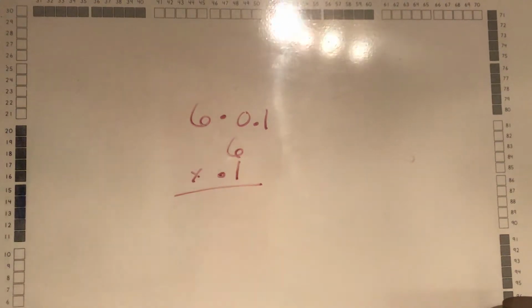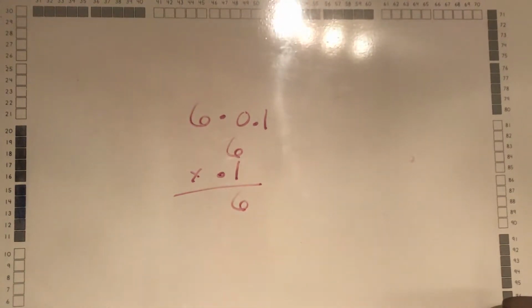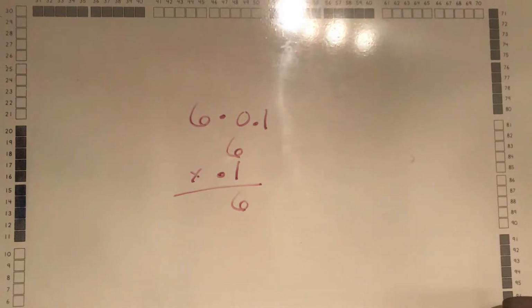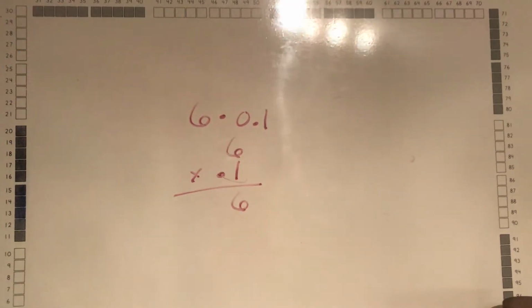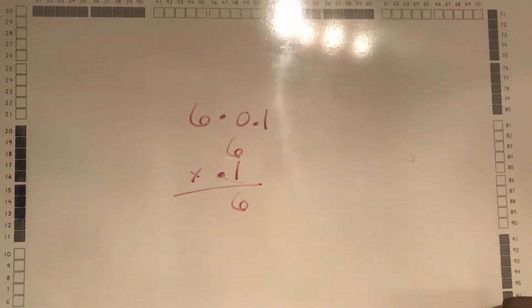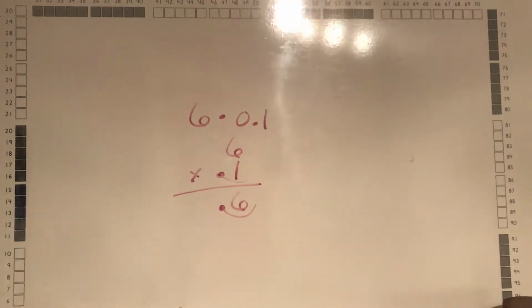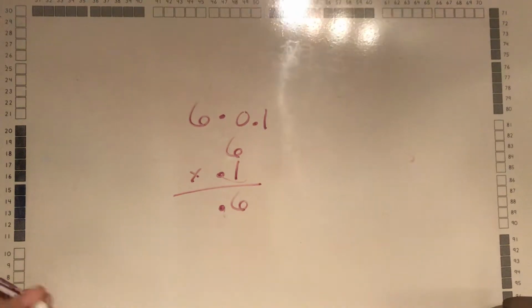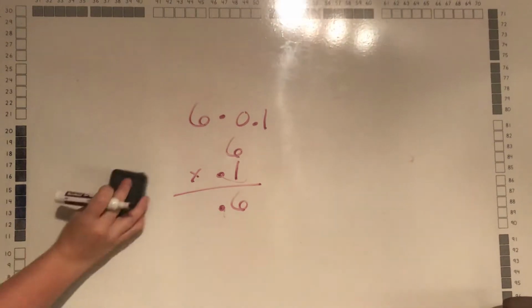Because what we're going to do is multiply each number as if the decimal is not there. So 6 times 1 is 6. We then go back and count how many decimal places each factor has. 6 has 0, 0.1 has 1. 0 plus 1 is 1, and that is how many decimal places we would have in our product. Our answer is 0.6.